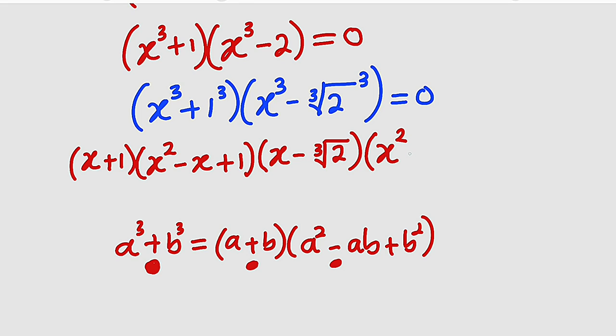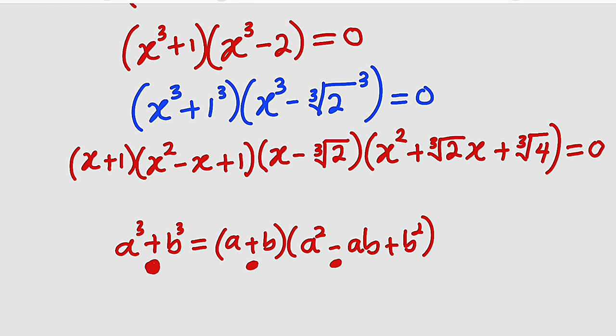This time around, we're going to have plus, right? Then x times cube root of 2, that is cube root of 2 times x. Then plus the last one, if you square this, you're going to get cube root of 4. So we have cube root of 4. The whole of this equal to 0.